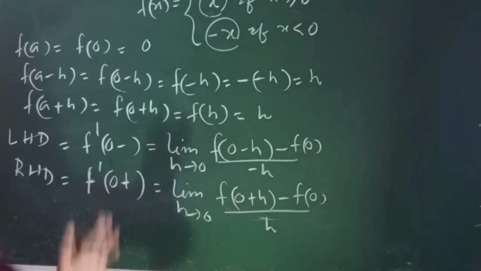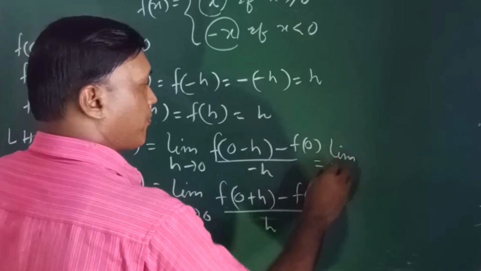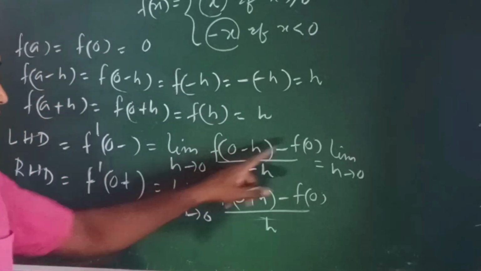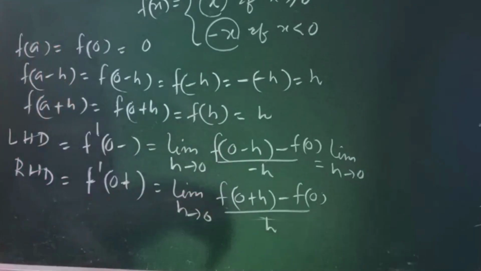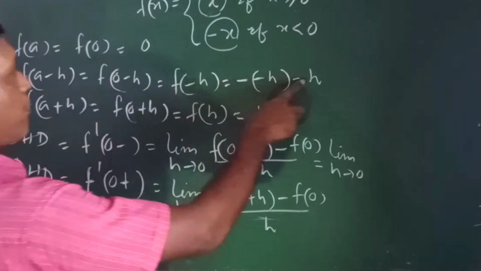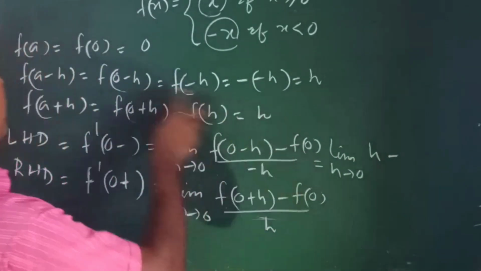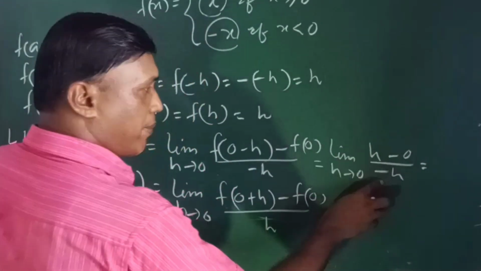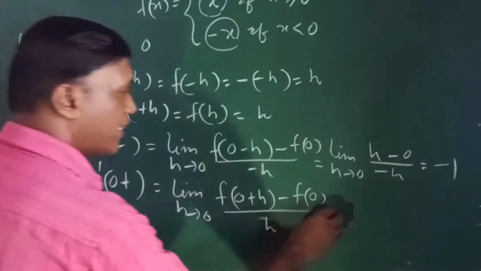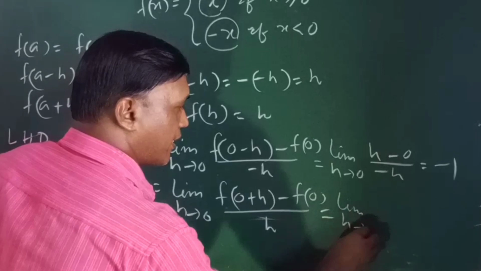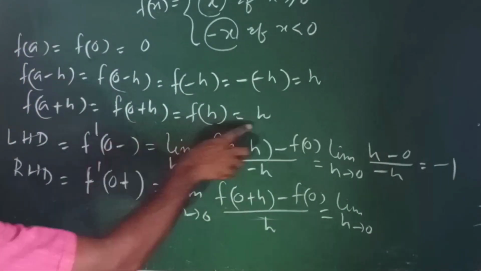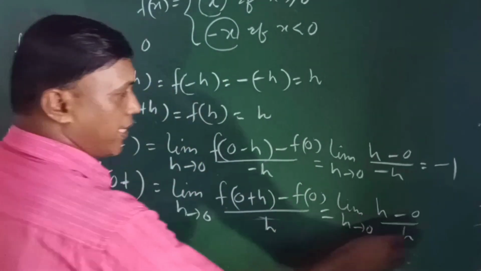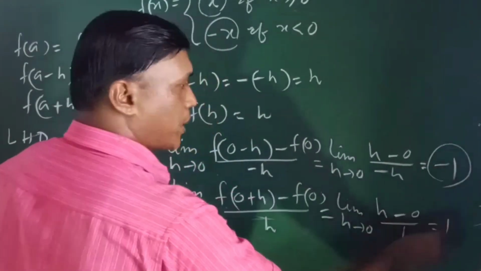सो लुक एट हियर, दिस इज लिमिट h टेंस टू 0, f of 0 minus h. पहले से हम वैल्यू निकाल, मैंने बोला था दिस 3 वैल्यूज अगर पहले से रख देंगे बहुत आसान हो जाएगा. f of 0 minus h जिसका वैल्यू है h minus f of 0 कितना है? 0 by minus h. सो h by minus h, so it is minus 1. And here is limit h tends to 0, f of 0 plus h पहले से है हमारे पास h minus f of 0 is 0 by h. So this is h by h is 1. Look at here, left derivative is minus 1, right derivative is plus 1.